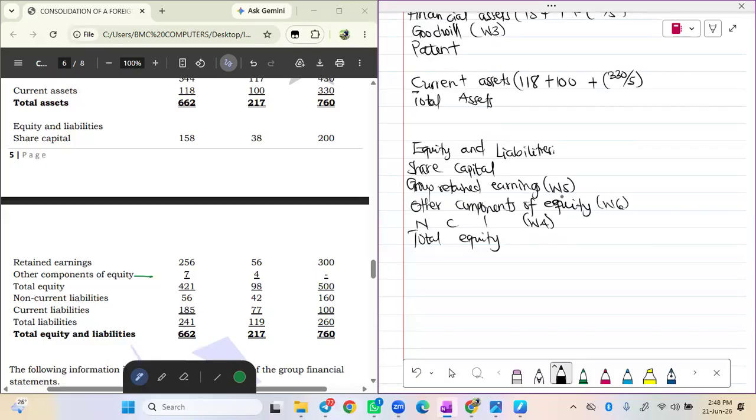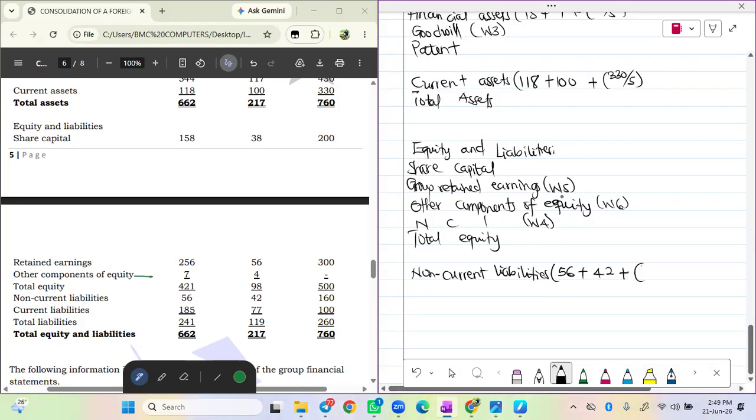Then you leave a line, you come to the non-current liabilities. You don't know if there will be a figure affecting non-current, so just pick the figures. $56 plus $42 plus 160 million.